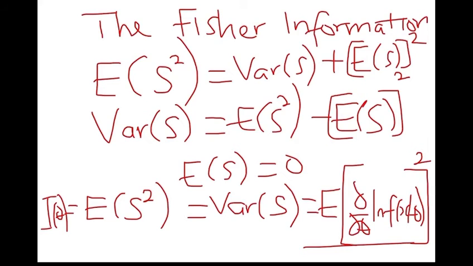So what do I mean by Fisher information? The Fisher information tells us the amount of information that is contained in the data, the amount of information the data has about the value of a parameter. So the more the Fisher information, the more informative the data is. We actually want our data to possess more relevant information about the parameter of interest.